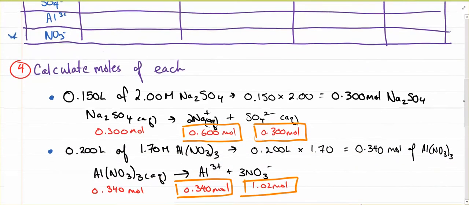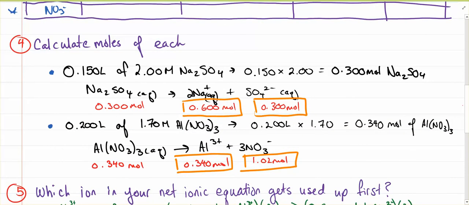To do that, I need to calculate the moles of each ion. To start, I'm going to take the 0.50 liters of 2 molar sodium sulfate and multiply that together to get 0.300 moles of the sodium sulfate. When I dissociate the sodium sulfate, I'm going to get 2 sodium ions and 1 sulfate ion. That's the reason I take this 2 and multiply it by my original number of moles to get 0.6 moles for my sodium ion and 0.3 moles for my sulfate ion.